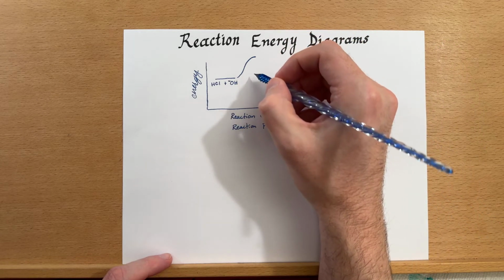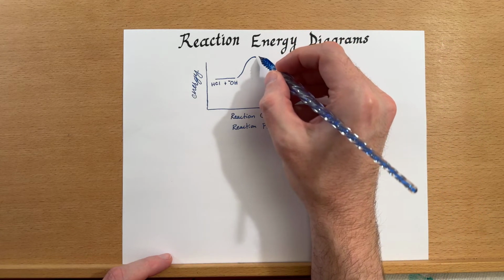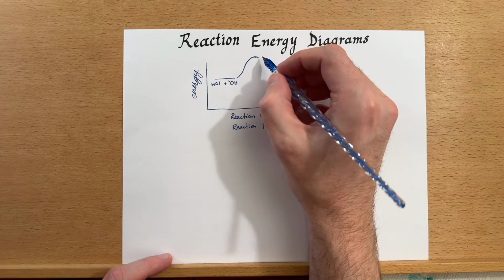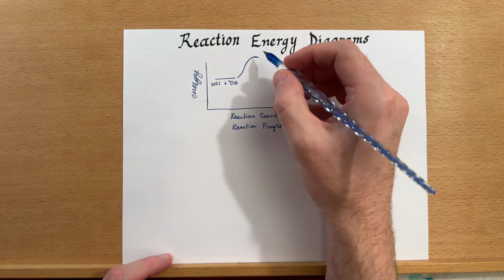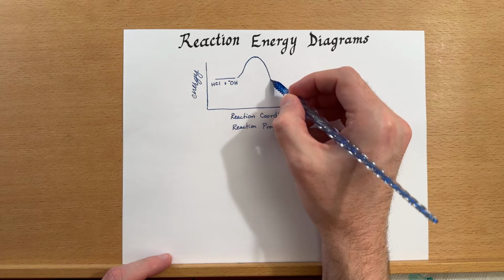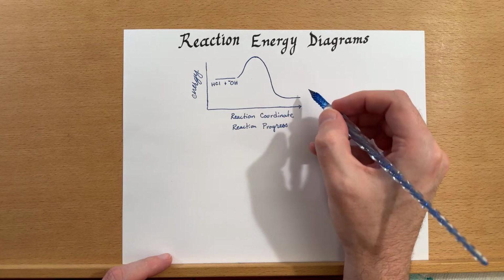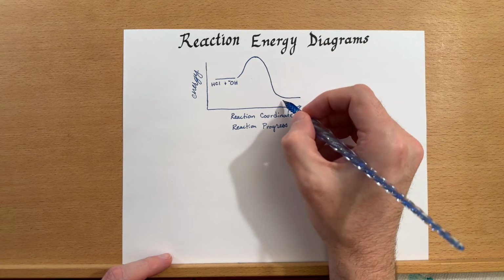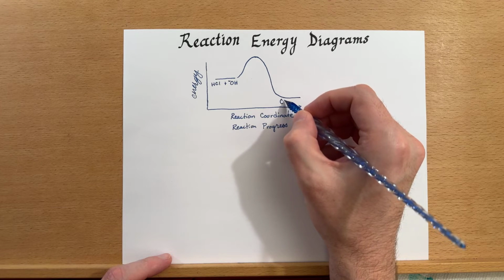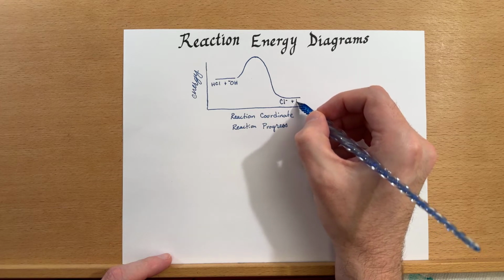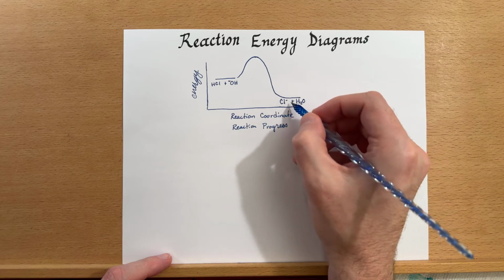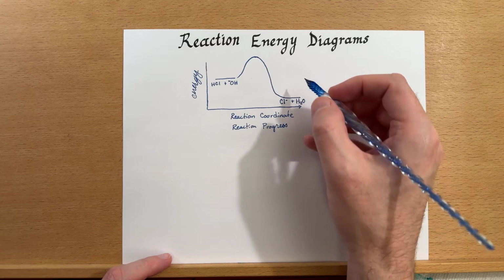Either way, we're going to have to put in some energy to get this reaction going. And then as the reaction progresses, this will come down to our products, which is the chloride ion and water.